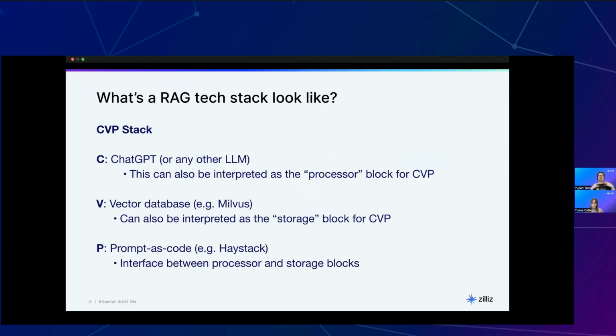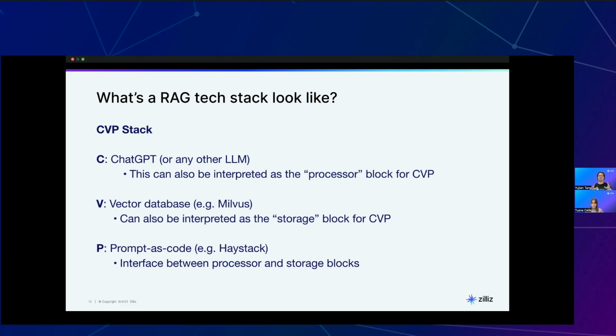app. I've been building a lot of these for the past few months, and typically what we see the stack looking like for retrieval augmented generation is something that we call CVP. And CVP stands for ChatGPT-like LLM, or ChatGPT or any other LLM. And this is typically the computational power behind these retrieval augmented generation apps. This is the processor. And if you were to think about this in terms of a computer, then you have a vector database such as Milvus.